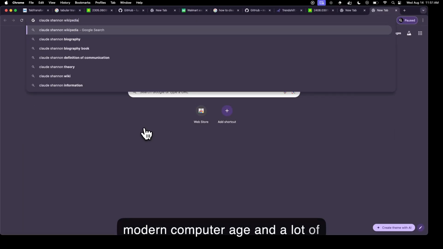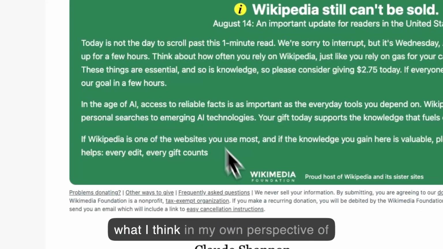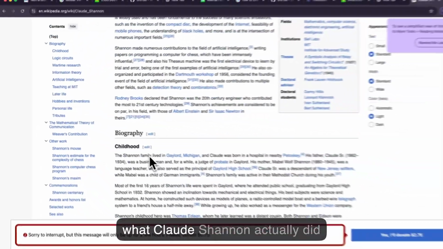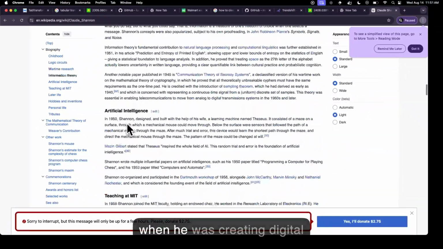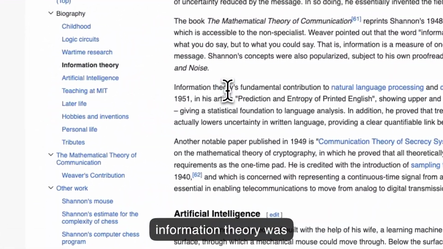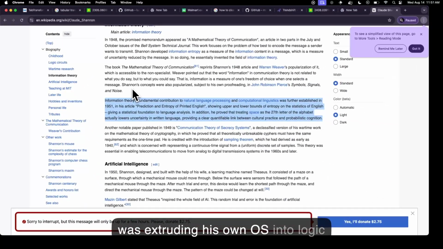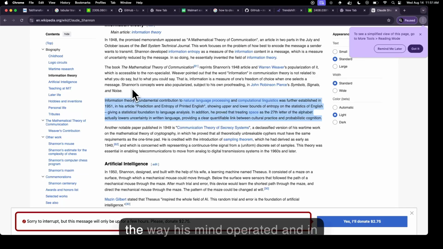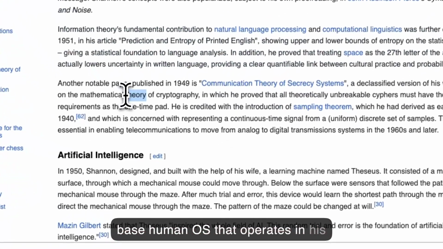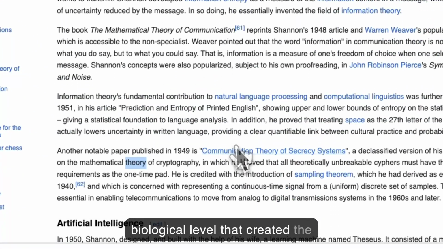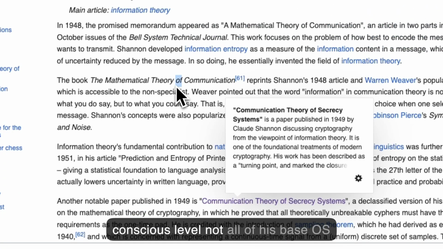And a lot of what I think, in my own perspective, is that when Claude Shannon was creating digital information theory, he was extruding his own OS into logic, the way his mind operated. And in doing so, he also extruded part of the base human OS that operates on his biological level and created the conscious level. Not all of his base OS, but a lot of it.